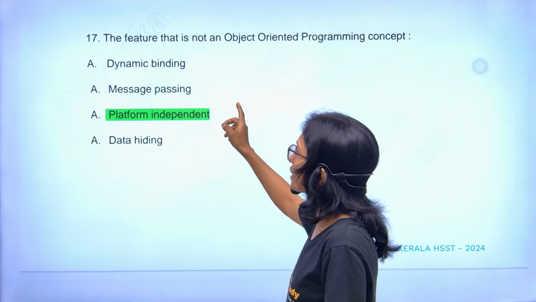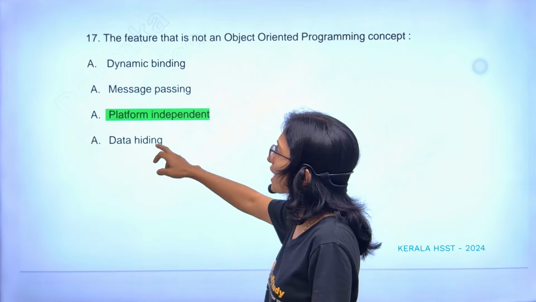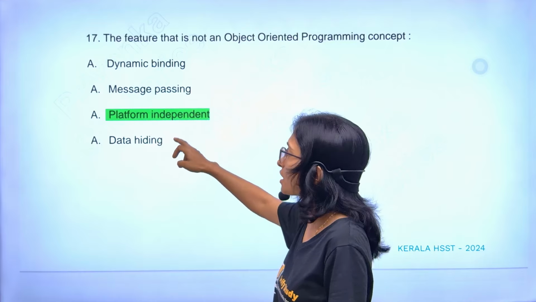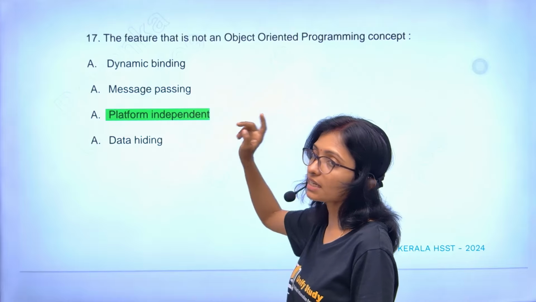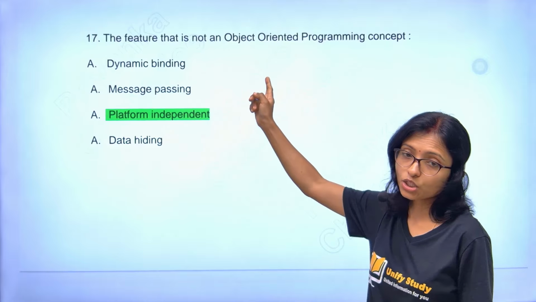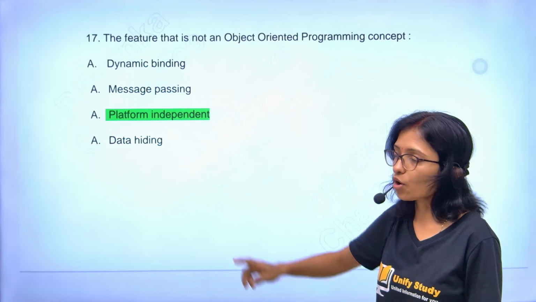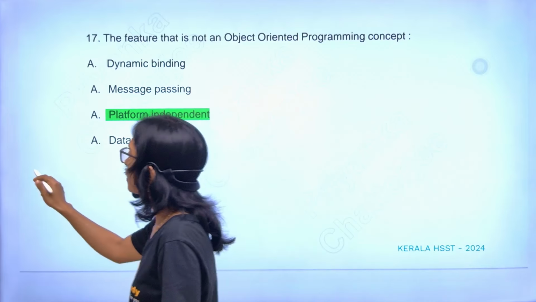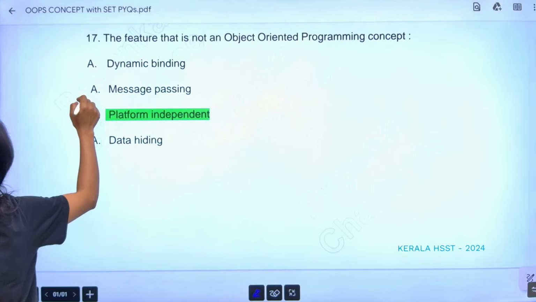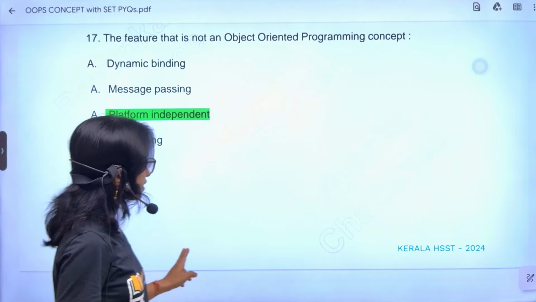For object oriented programming, dynamic binding, message passing, data hiding, these come under features, but platform independent is one advantage. This is not a feature according to object oriented programming, and that's why your answer is platform independent. Option C is the correct answer. Here it will be A, B, C and D. So this is your correct answer.